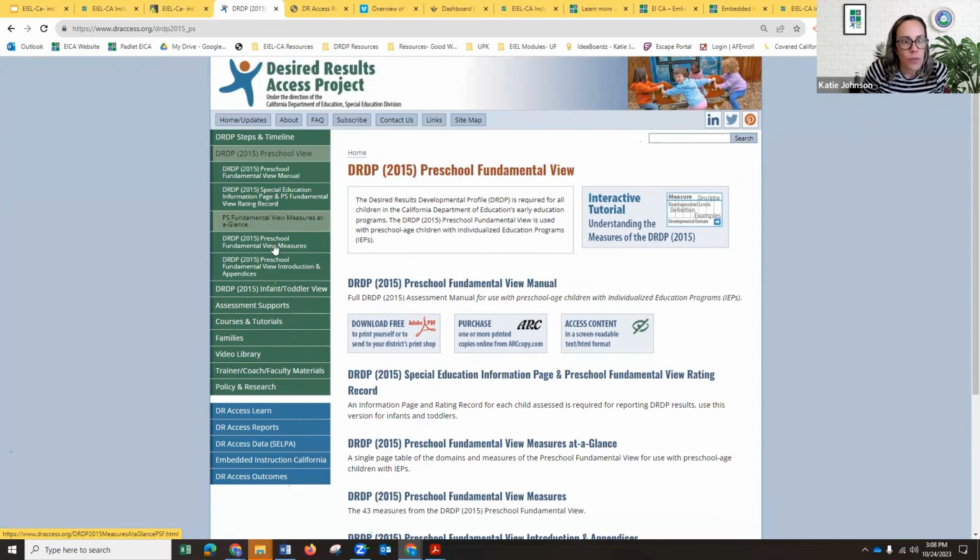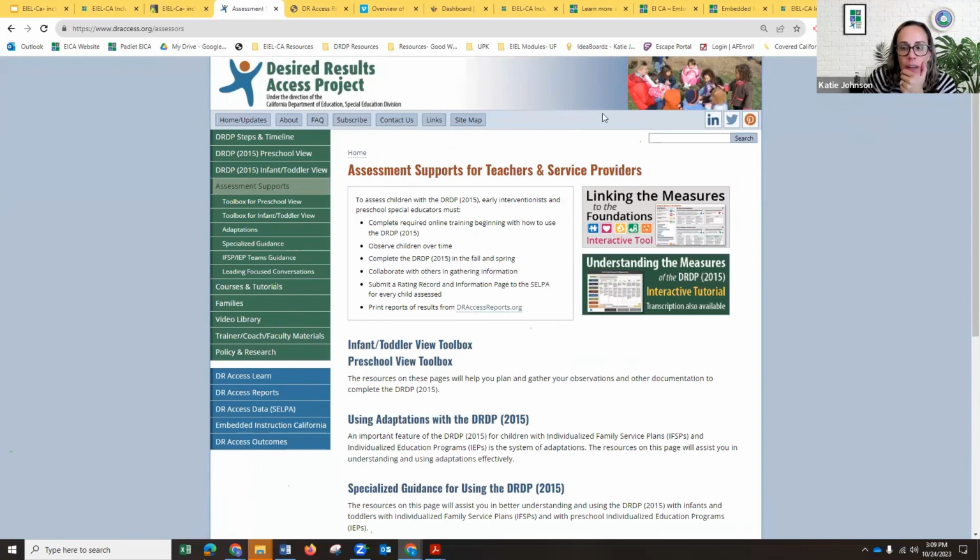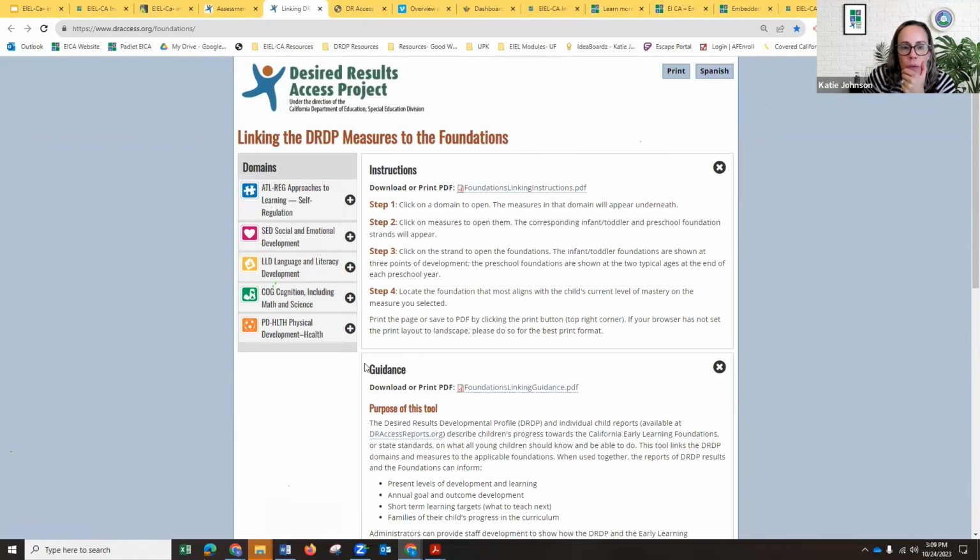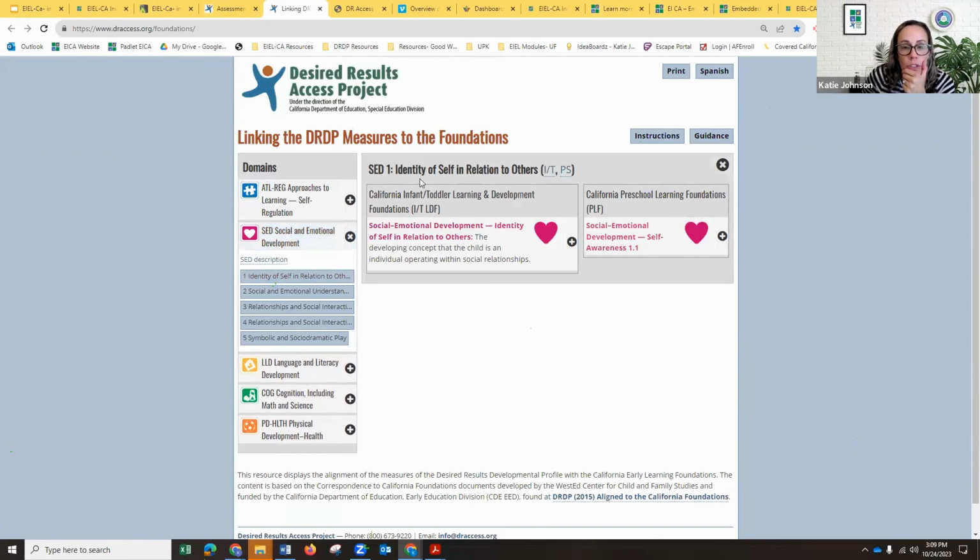Let me see. There's also one other tool that I want to share with you, which will be a good test if I can get there. Okay, so here in assessment supports, this is a really cool new piece called the linking tool. We talked about social emotional today. I can look at social emotional skills and see how they align to the DRDP measure.